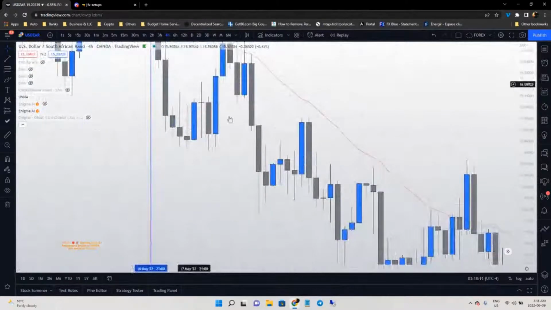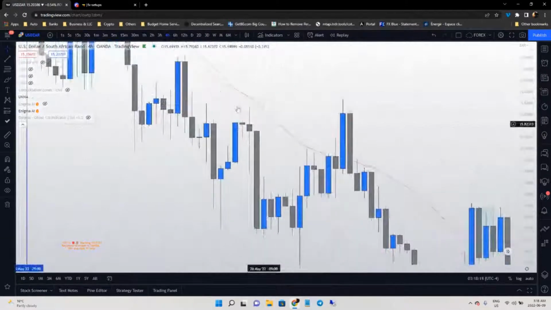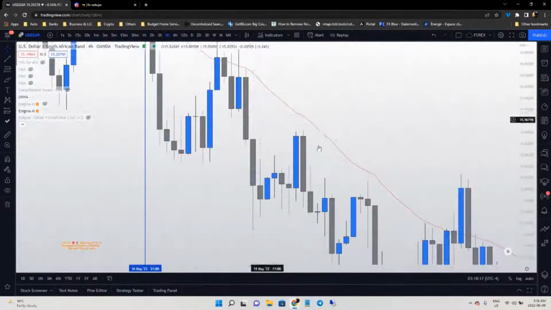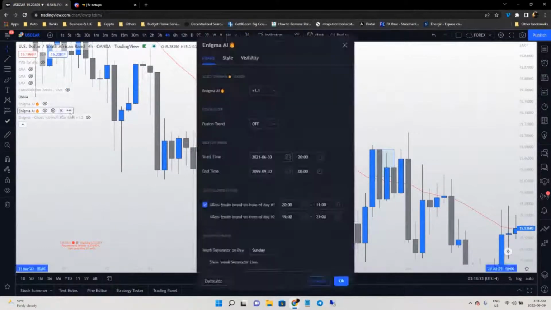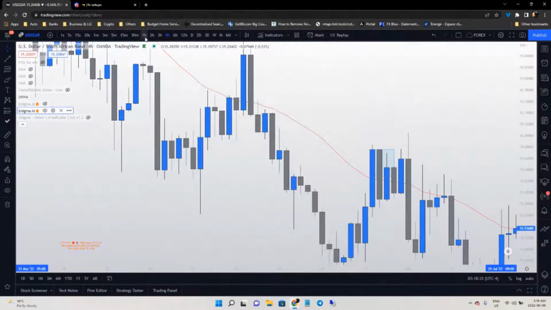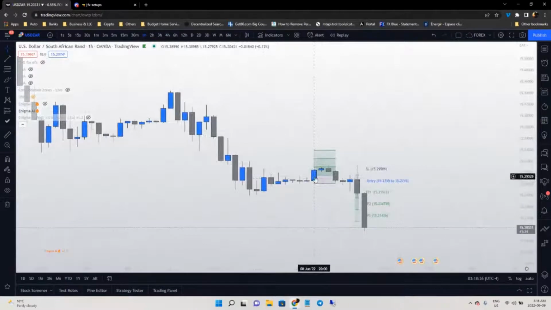So any buy setup wouldn't make sense to take. I would only be looking for sell setups here, and that's the reason why for this trade, I'm just going to go back here and put Fusion on, Fusion off. So that's why on this trade, I wouldn't take it.